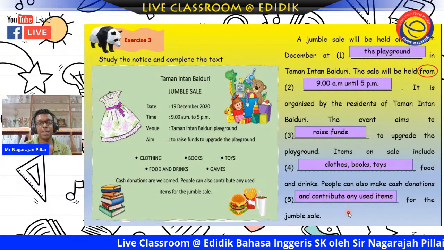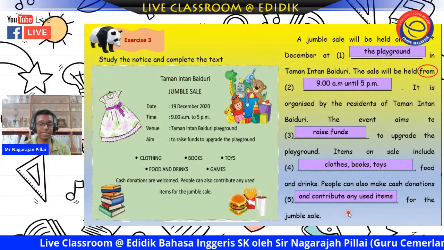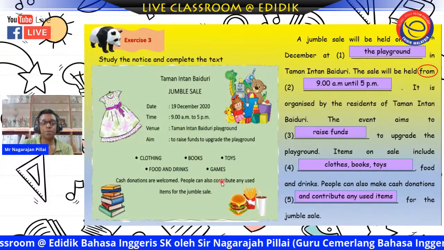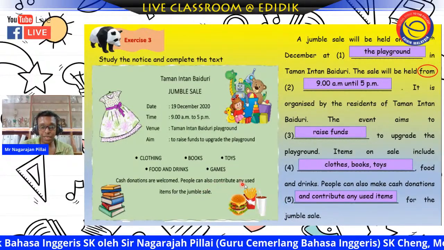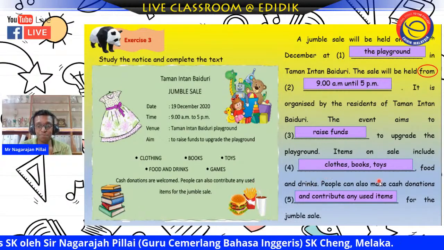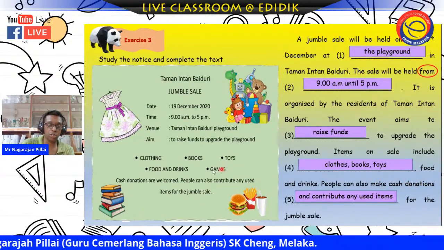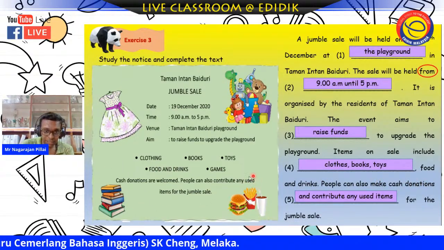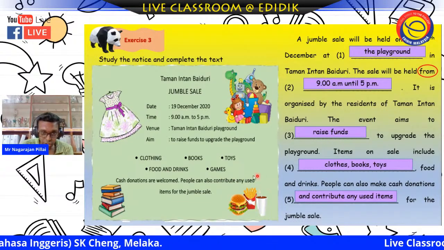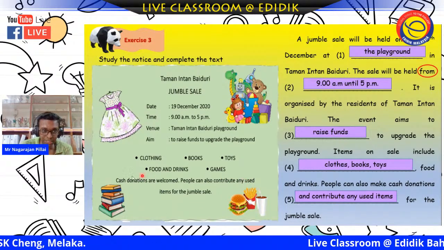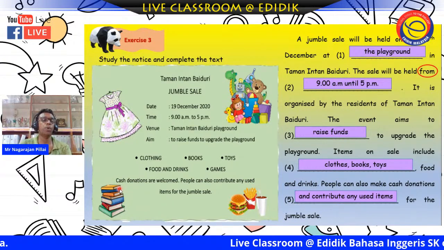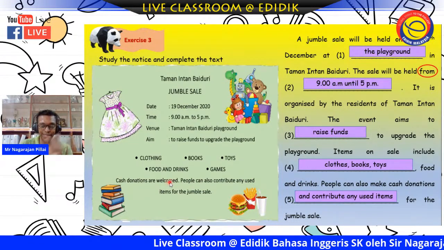Okay, because for this sentence we have two ideas. One, people can also contribute any used items. Number two, make cash donations. You look at the last information here, the bottom of the poster. Cash donations are welcome. One idea.